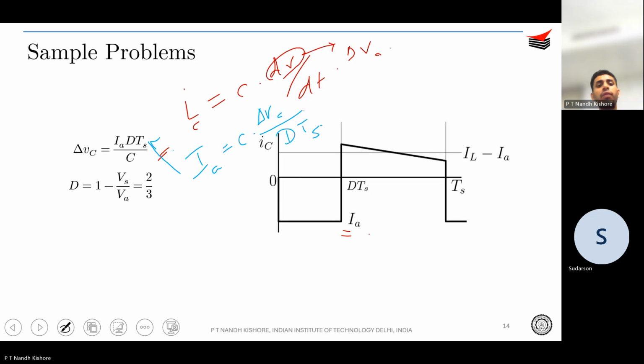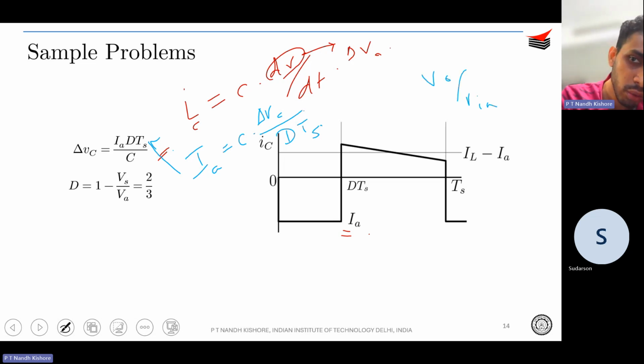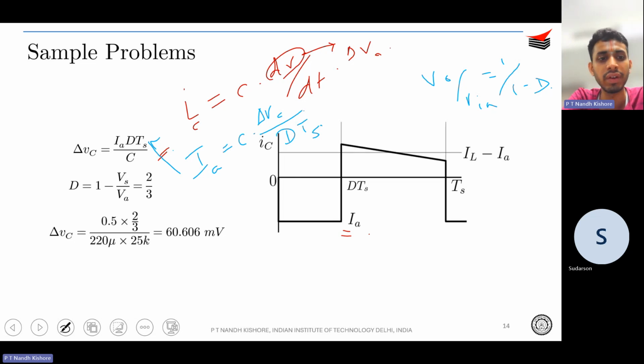From the known expressions, you can find out what is D. For a boost converter, you know the relation: V naught by Vin is going to be 1 by 1 minus D, right? So just rearrange it, you will get D. So you know what is D, therefore you can find out what is delta VC, and that's what the question is.